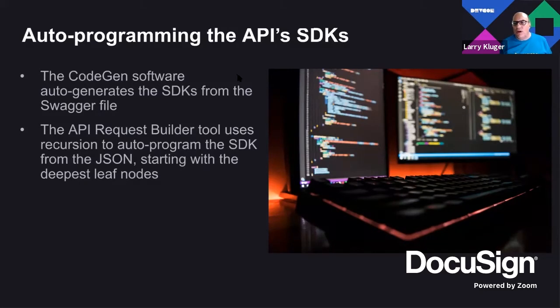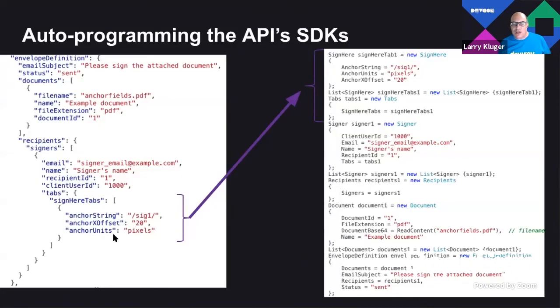So the way we auto-program the API's SDKs is that the SDKs themselves are created by open source software called CodeGen. And that software uses, again, the Swagger file to create the SDKs. So then the API request builder uses recursion. Everything is all mechanically linked, and so it all works. It uses recursion to auto-program the SDK, and it starts with the deepest leaf nodes to make sure that those objects are then available for later reference. So in this case, here is the JSON source.